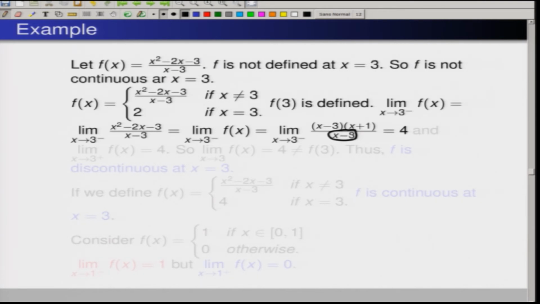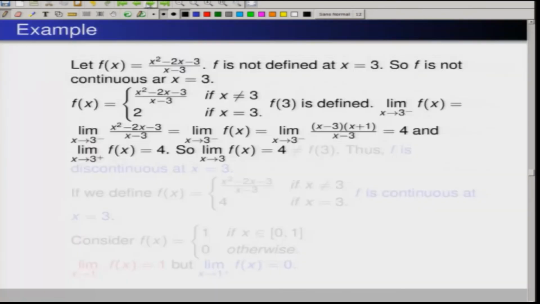So, for any x, here in this case x is not equal to 3 and x is less than 3, x minus 3 is not equal to 0 for those x. So, we can factorize, and what we get is nothing but x plus 1, because this and this get cancelled. So, the limit as x goes to 3 minus of x plus 1 is equal to 4.